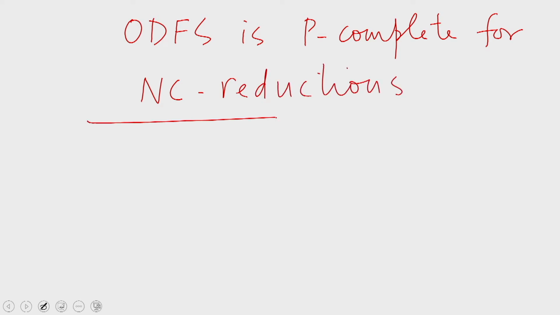Proving this, as we know, involves two steps. First of all, we have to show that the ordered DFS problem belongs to P. But this is easy to show. You are familiar with the DFS algorithm.